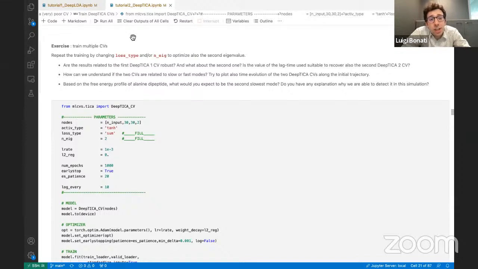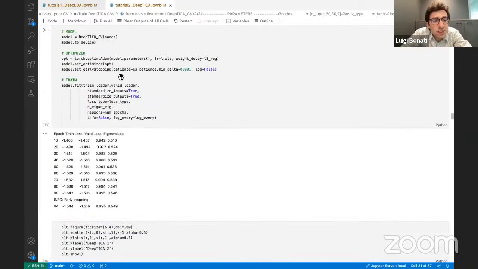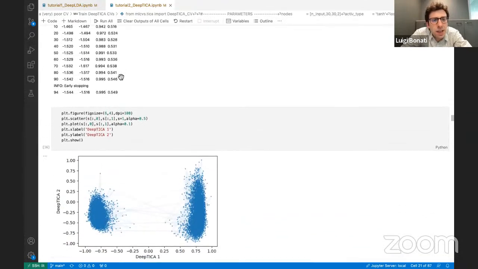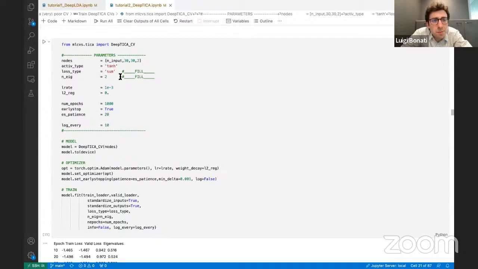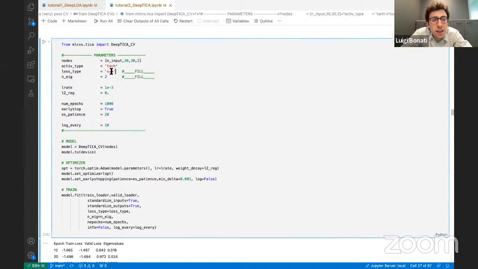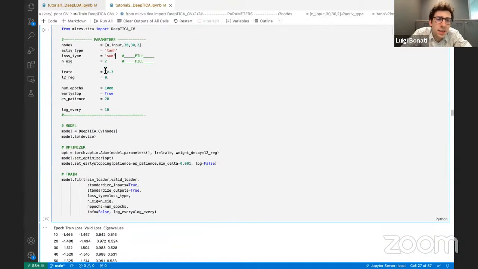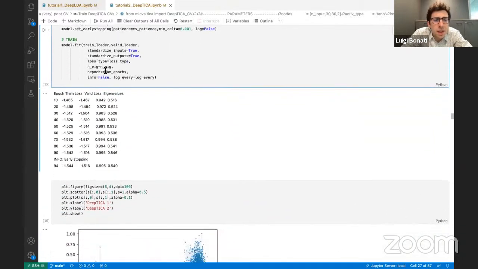And you can also choose to optimize a different number of eigenvalues. For instance, here we see what happens if we optimize two eigenvalues by using as a loss function the sum of them.